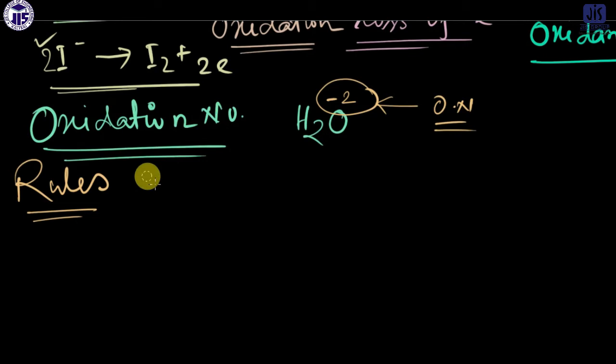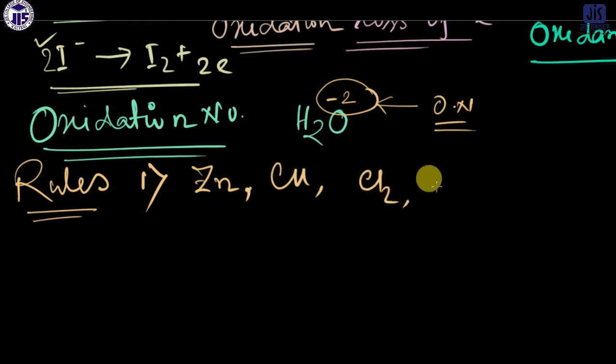The first rule: the oxidation number of an element in its free or elementary state is taken as 0. For example, if you take zinc, copper, Cl2, P4 phosphorus, or S8, in all these cases their oxidation number will be 0.